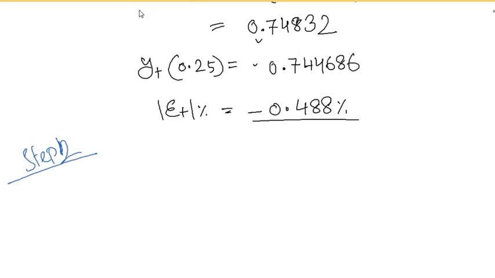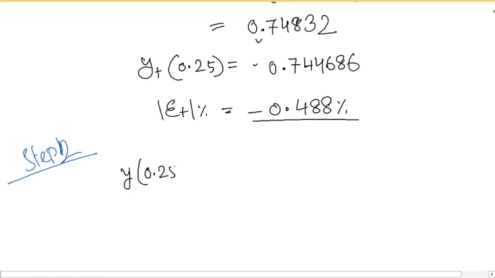Step 2 now will be, we know that y at 0.25 is, obviously we'll be using the midpoint method. We'll be focusing on global error here as well. I know what to do for the local error, so I am not going for that.